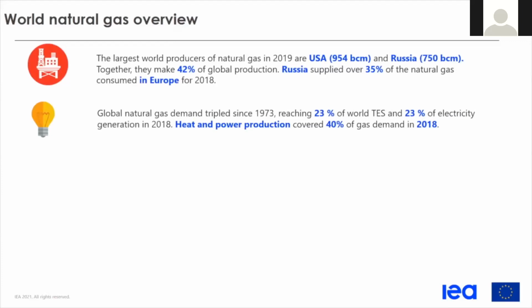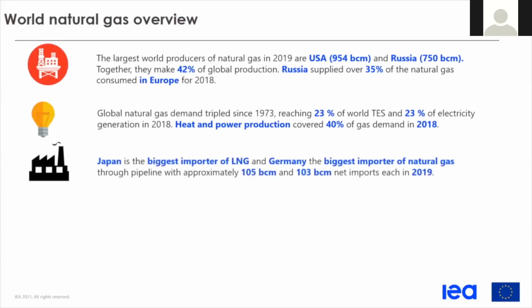Its trade is both in gaseous form through pipelines and in LNG form, so liquefied form, through tankers, which partially explains its big increase in demand in recent years because of the ease now of transporting this commodity around the world. But it's not the only reason.